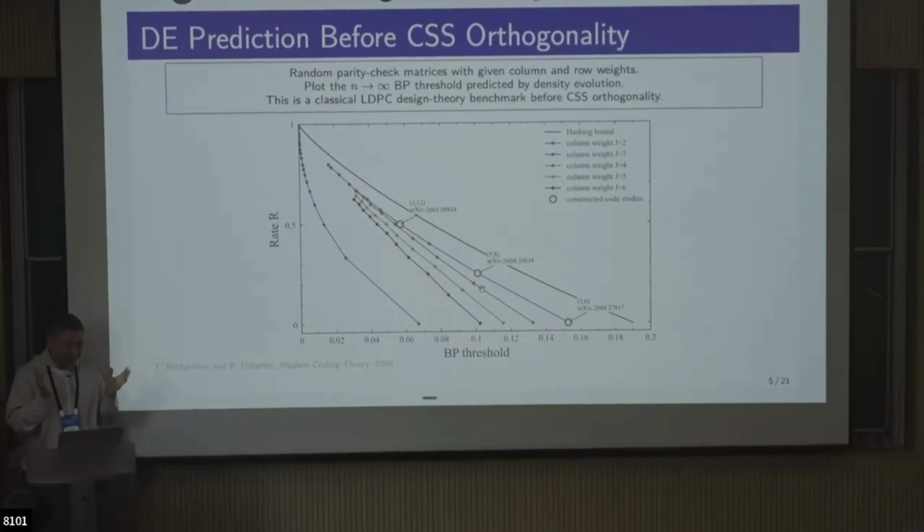So the resultant code length is like 30,000. So it's very big, but it achieves very deep error floors and a steep threshold approaching the BP threshold prediction.